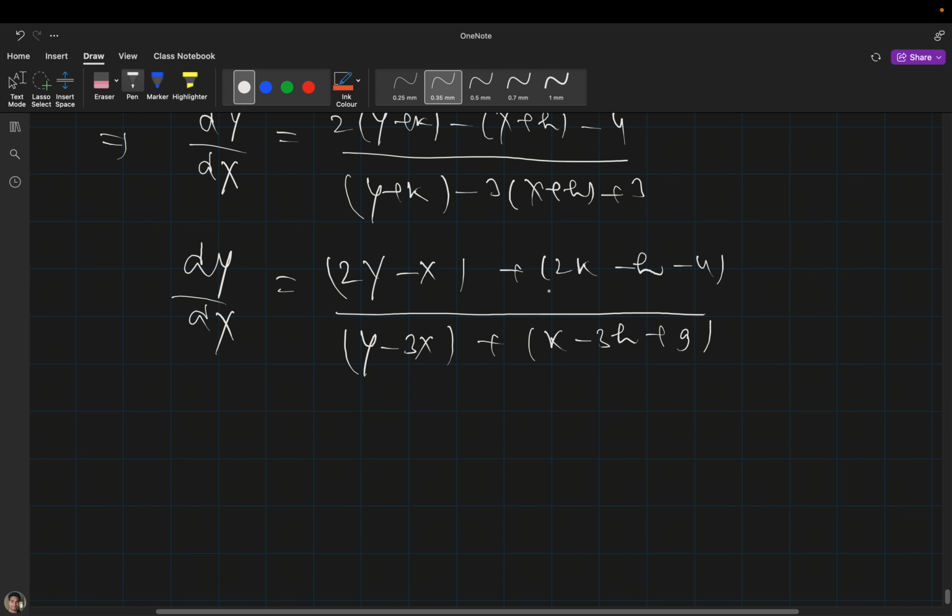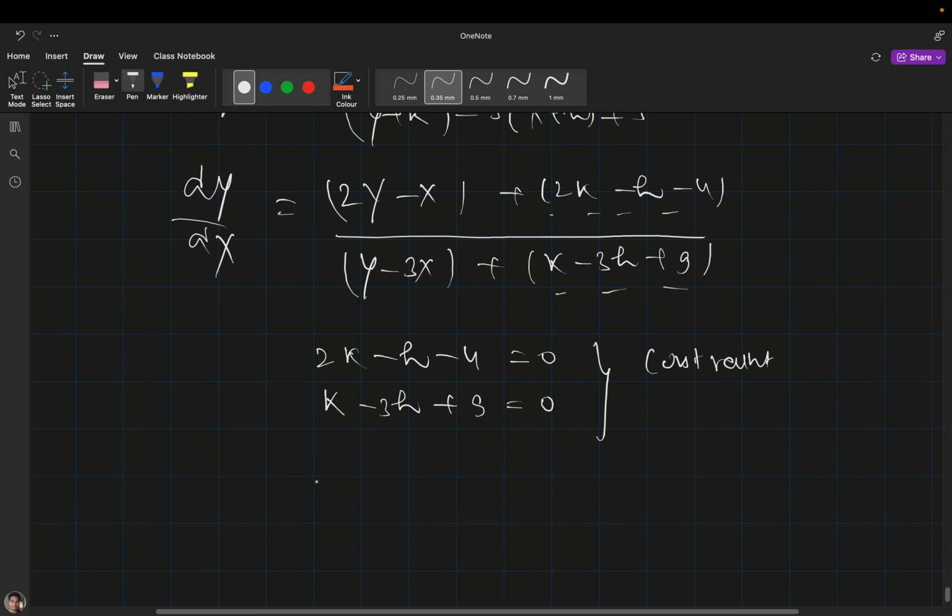And I am saying that I will make these two expressions zero: 2k minus h minus 4 as 0, and k minus 3h plus 9 as 0. Constraint. Solve for h and k.